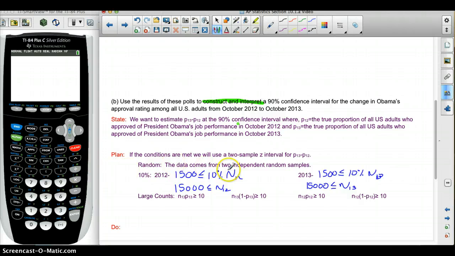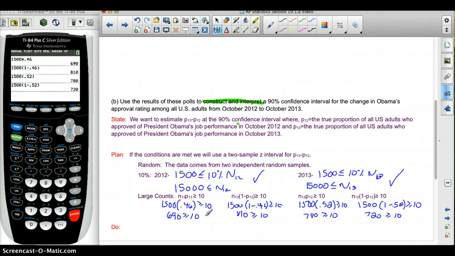Yes, I would say that both conditions are met for the 10%. So now we need to do the large counts, and when you're doing large counts, you actually have to do it 4 times, taking each year's sample size and multiplying it by its parameter. Okay, as you can see, doing out all the calculations for each of the 4 different large counts, all of them are over 10, so that condition is met.